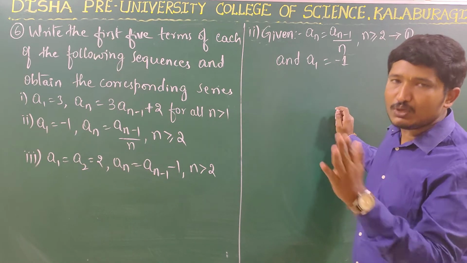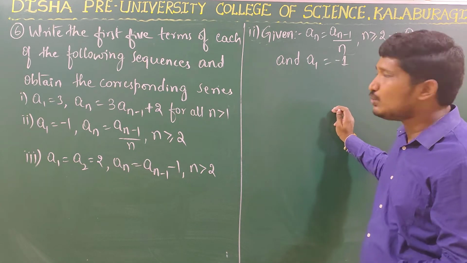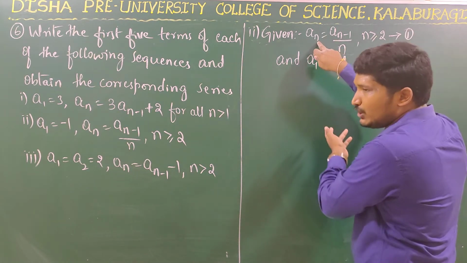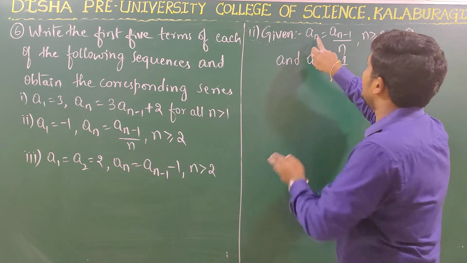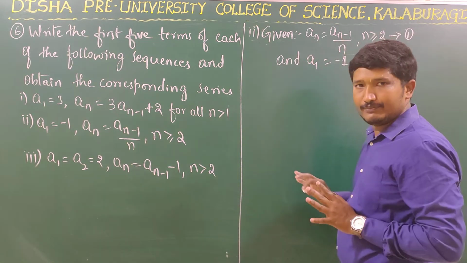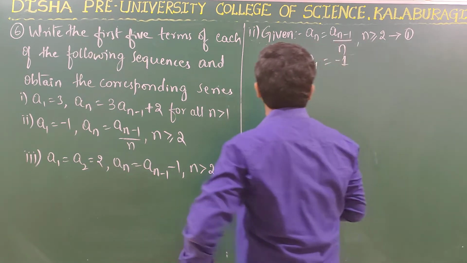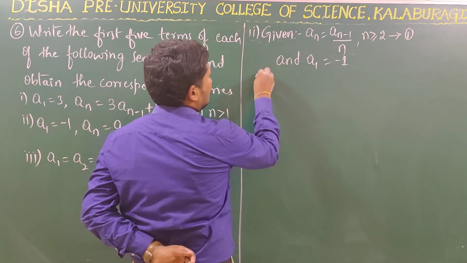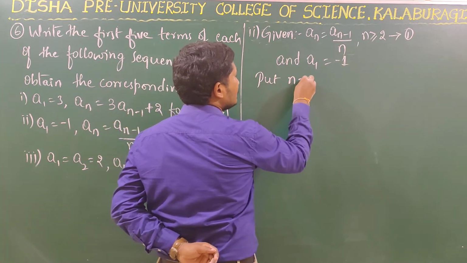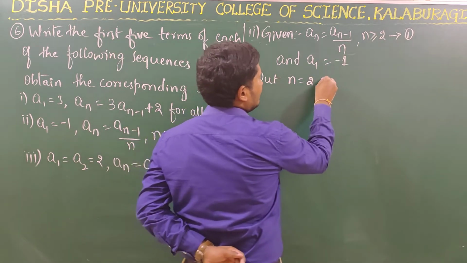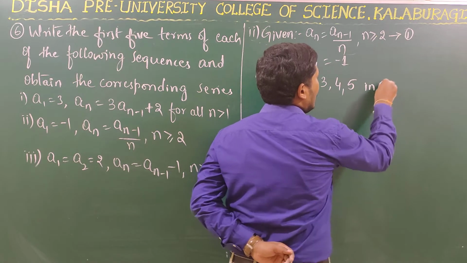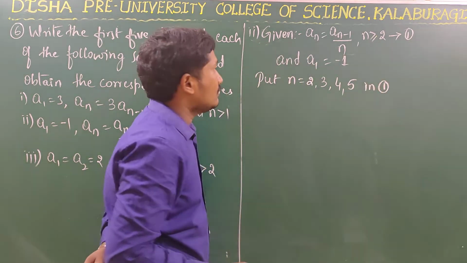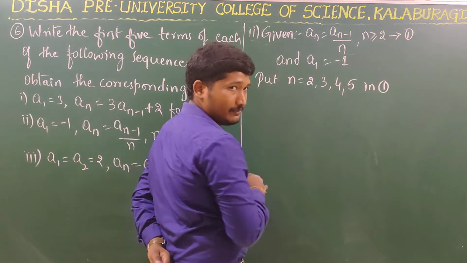To find the next terms, we have to substitute 2, 3, 4 and 5 in place of n. So let us carry on with that. Put n is equal to 2, 3, 4, 5 in equation number 1, one by one.